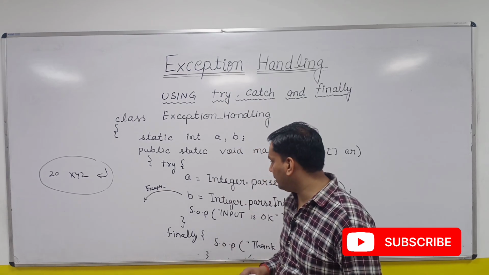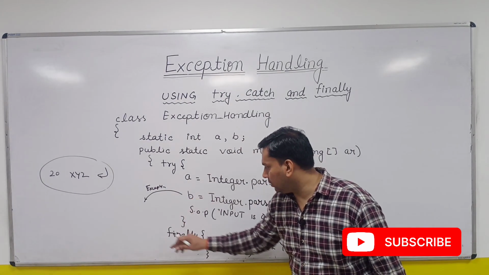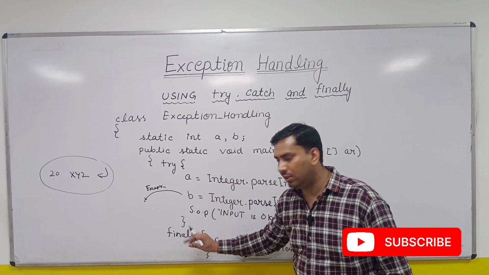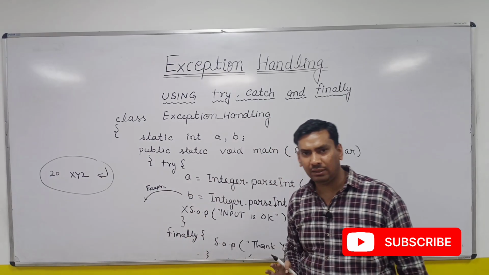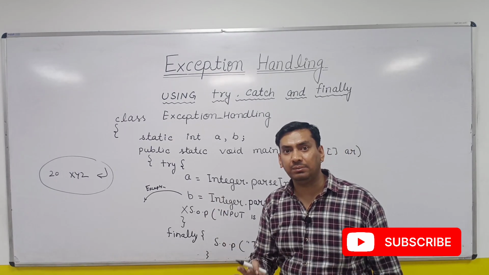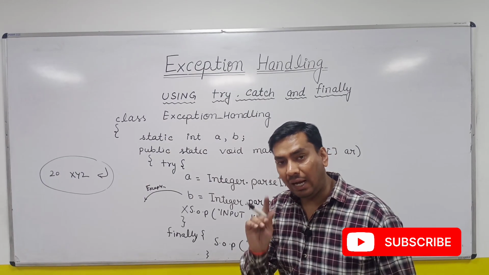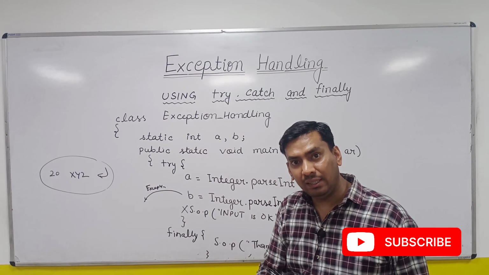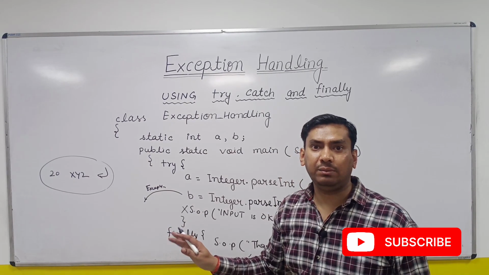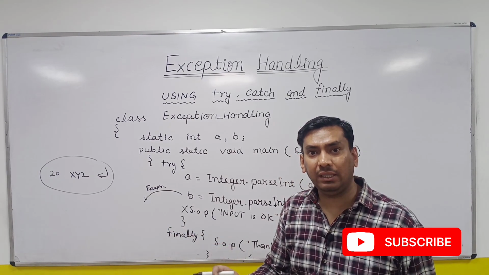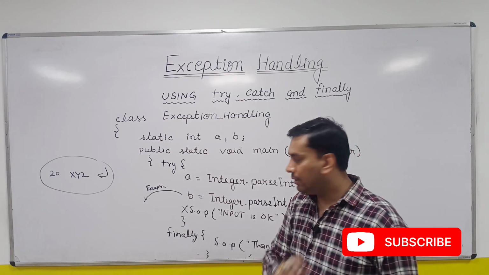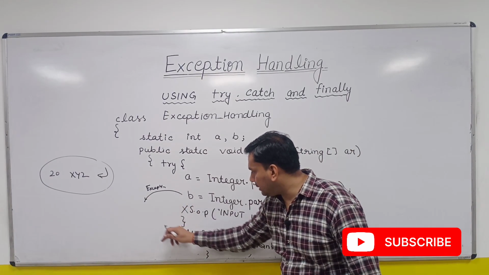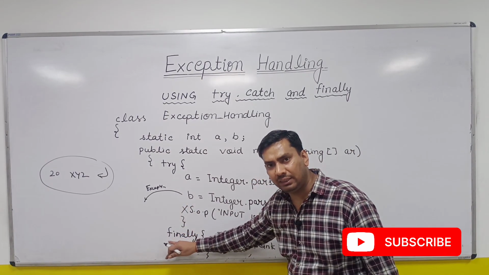Exception is thrown, it will come outside the try block, and until the exception is handled, it will not execute any statement, not even a single one, except finally. So it will go outside this block and search for the catch block.